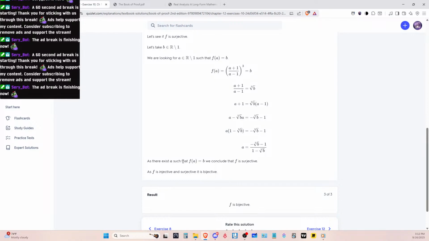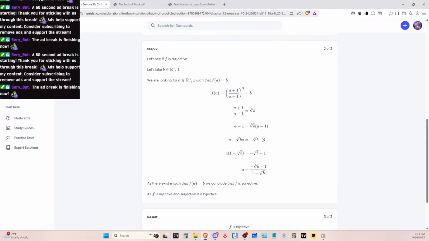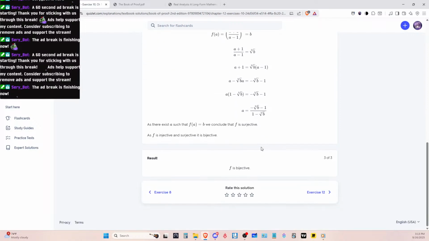Does there exist an A such that... Oh, okay. As there exists such an A as B. Oh, so you didn't really need to write out all the steps for that.